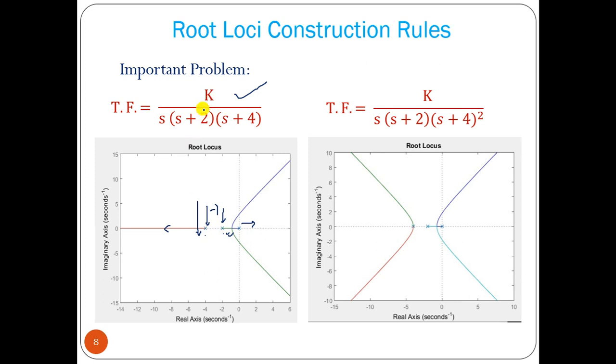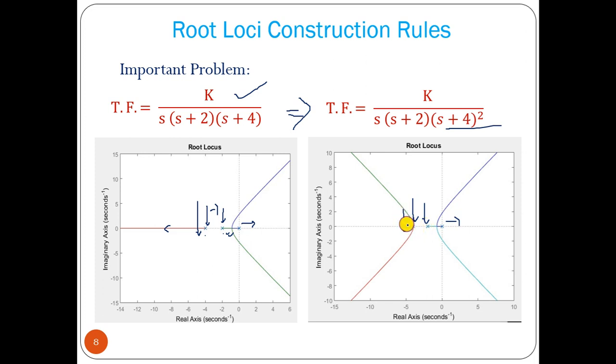Now if I change this transfer function, where I am making s plus 4 whole square, then what will happen? Then the difference comes here. Here no pole and zero, so no root locus path. At this point one pole, root locus exists. At this point two poles, there is no root locus.